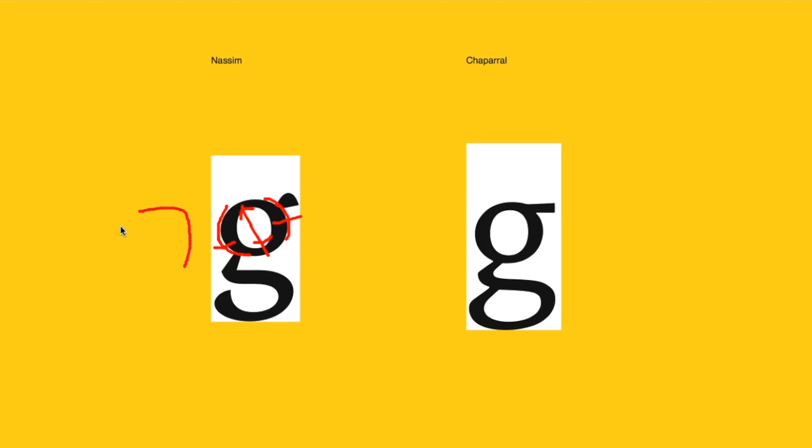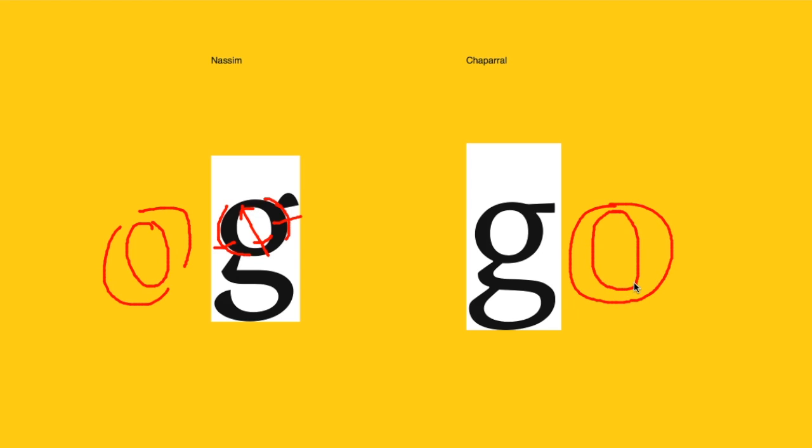Imagine if you put that G next to the O of Nassim, they would relate to each other because the approach of the weight distribution is similar. While Chaparral, again, is much more vertical in its nature, and it would seem reasonable to have that next to the O we saw before in Chaparral.